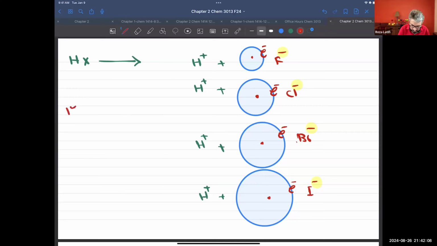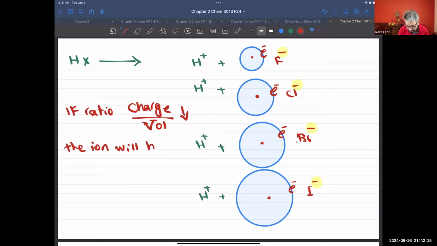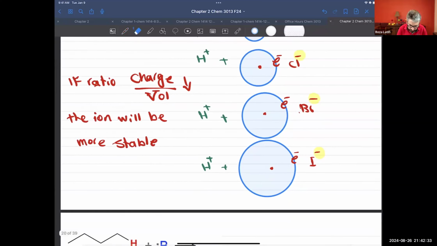Keep this in your mind: if the ratio of charge to volume goes down, the ion will be more stable. In this case, the charge for all of them is -1.